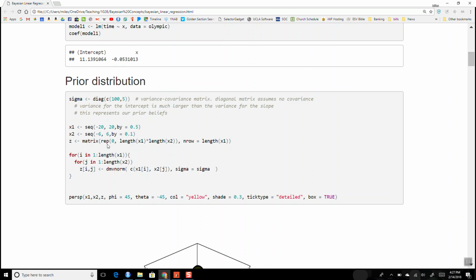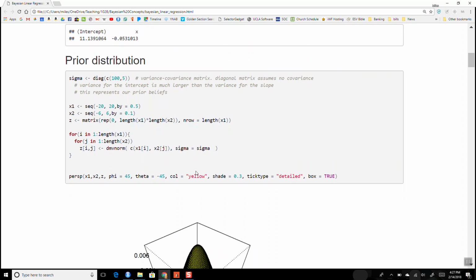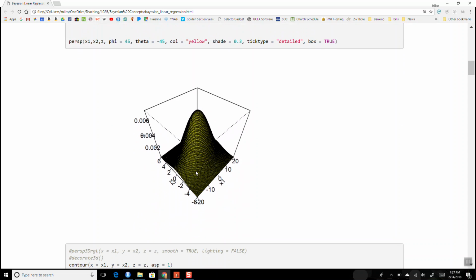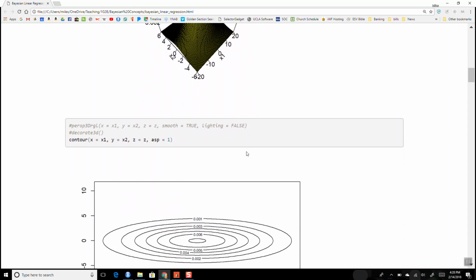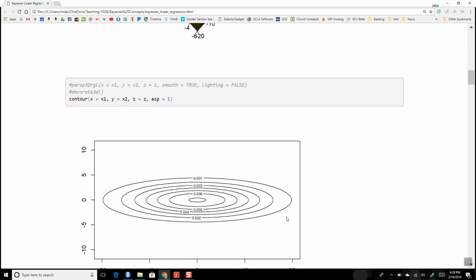The computer will do it very quickly, and I'm going to say, what is the dmvnorm, the density of the multivariate normal, for that value at sigma equal to sigma. Then we create a perspective plot, which creates this nice little hill, and then we can create a contour plot, and it looks like this.